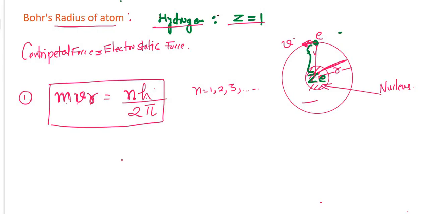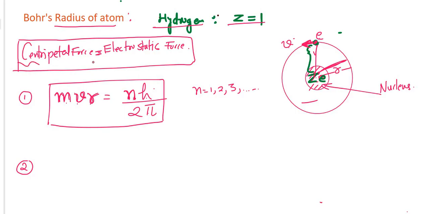To calculate the radius, he wanted to get one more equation. And how did he get the second equation? He thought electron is moving in a circle. In class 11th, you have heard whenever an electron or anything moves in a circular path, what do they need? They need a centripetal force. And here the source of that centripetal force is the electrostatic force.